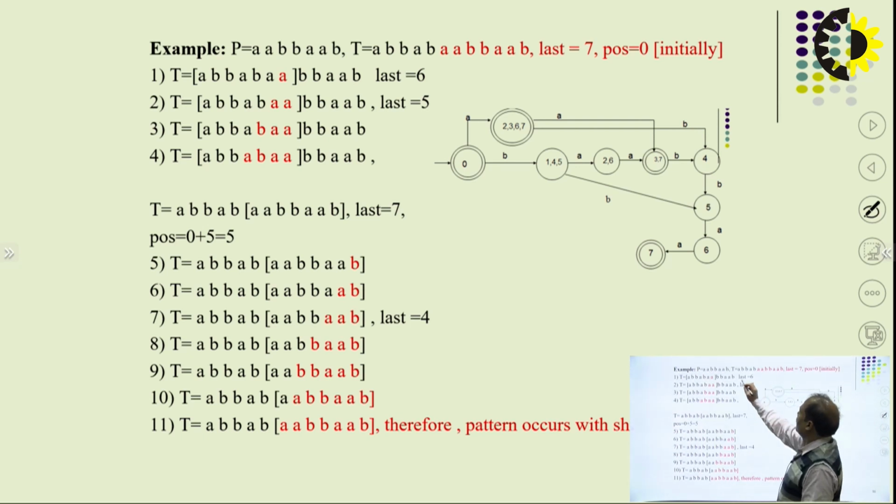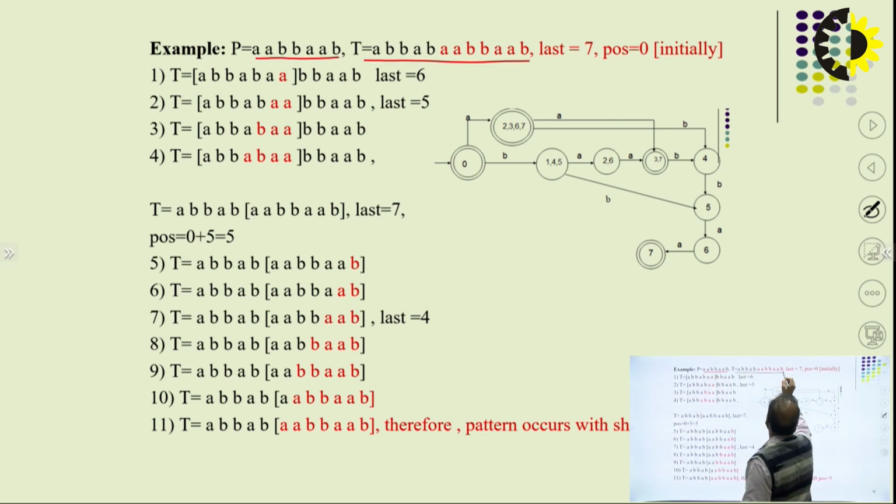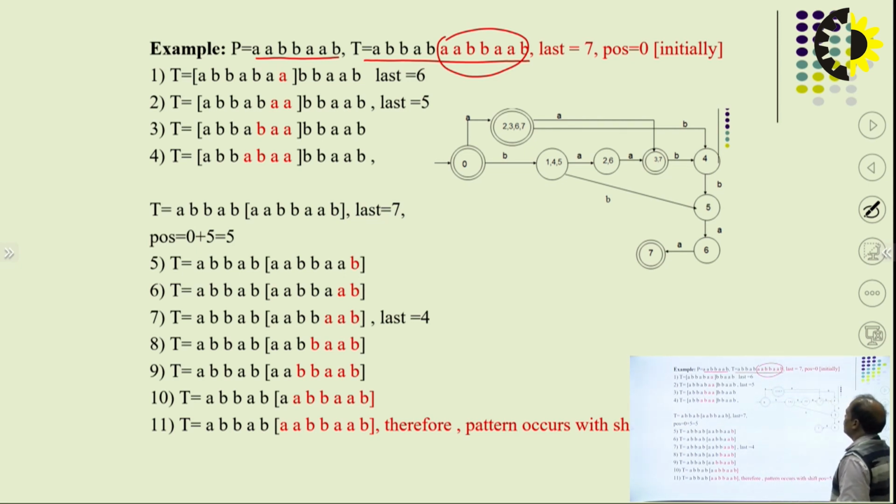Consider this pattern and this is the text. We can see that this pattern AABBAAB is matching over here. This is the same DAWG which I am writing over here. Initially we are taking two variables, last and position, at the beginning.